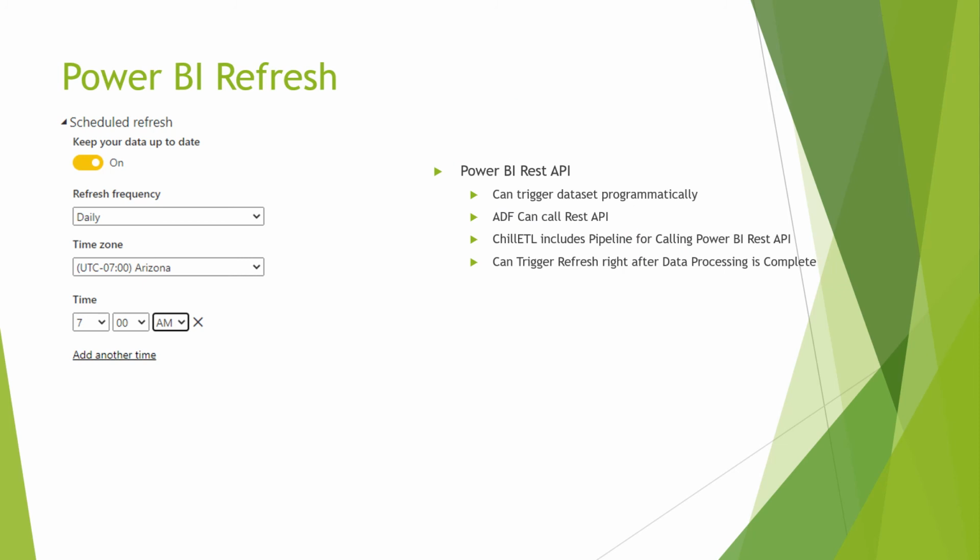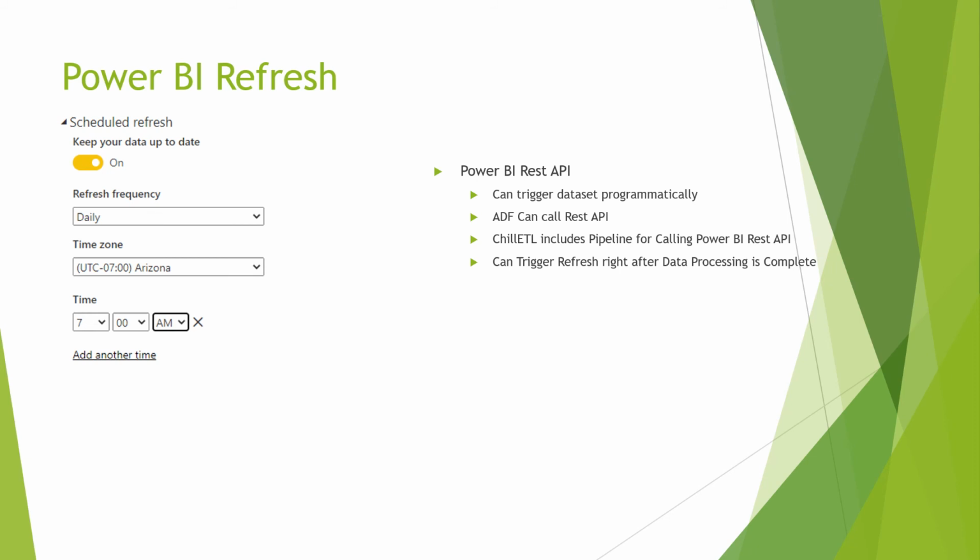The alternative is Power BI has a REST API in which you can trigger a data set to be refreshed programmatically. Azure Data Factory can call that REST API. ChillETL includes a pipeline for calling that API, and this way a refresh could happen right after your data processing is completed.